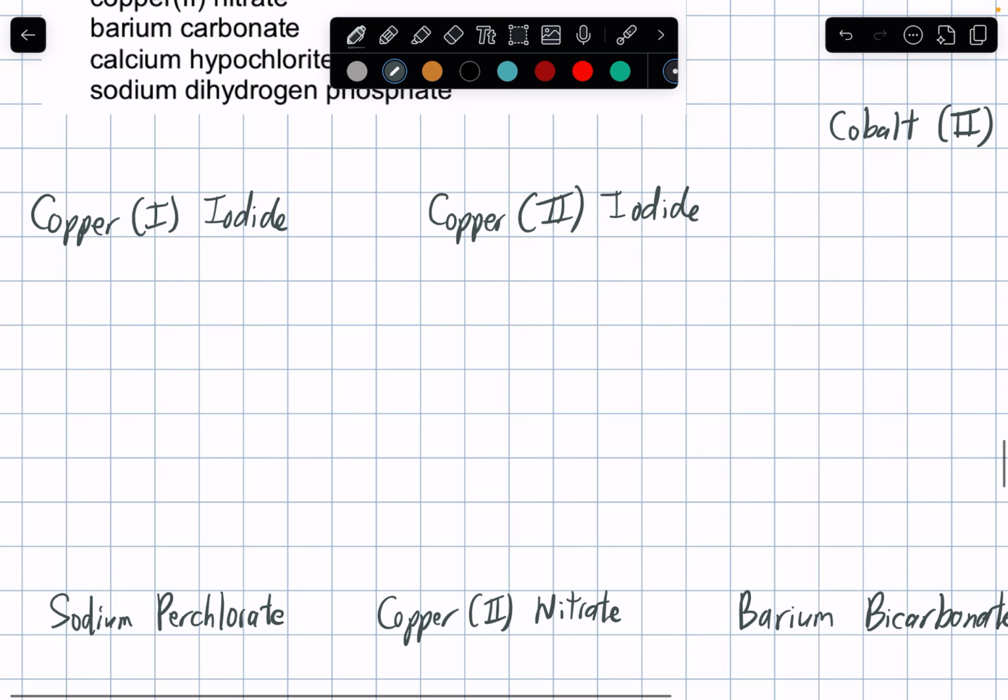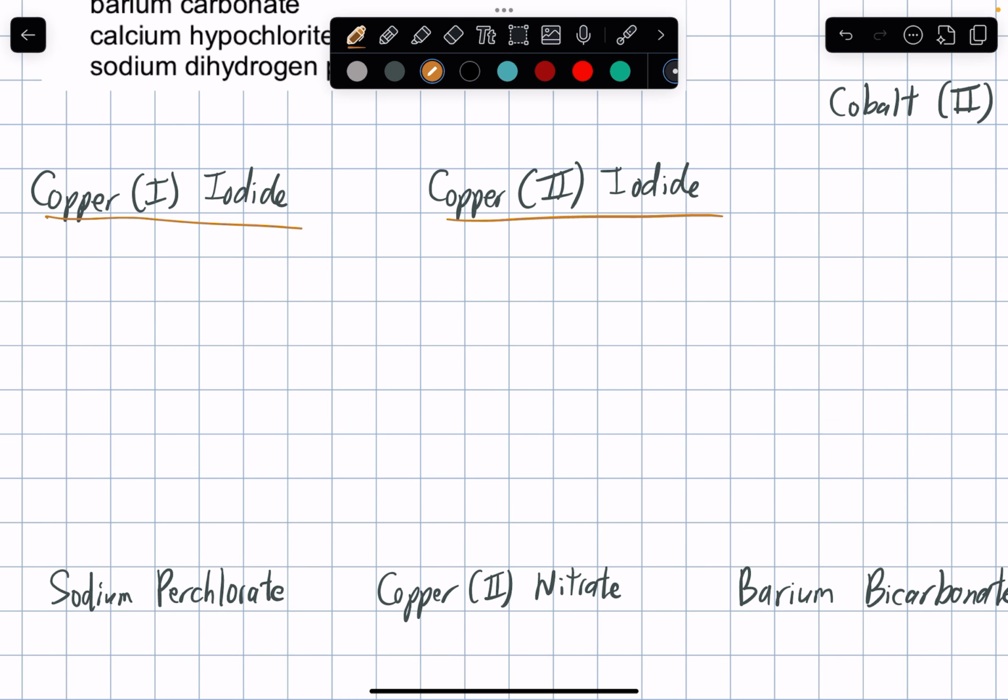Okay. Copper(I) iodide. Copper is Cu, so that's going to be a +1 charge. Iodide, that's iodine. But what is the charge of iodide? I am not sure.